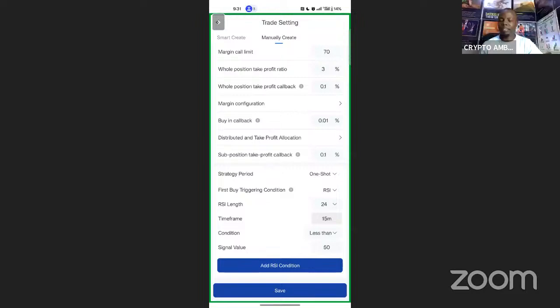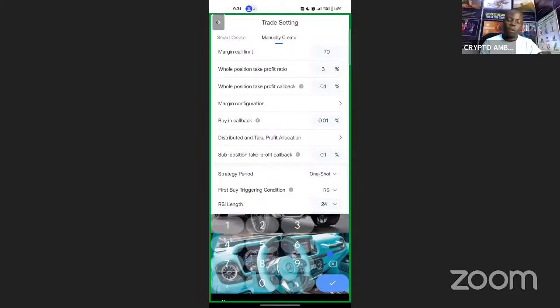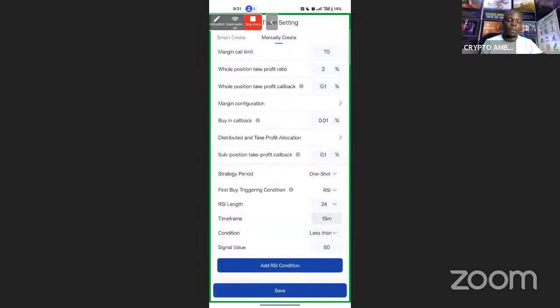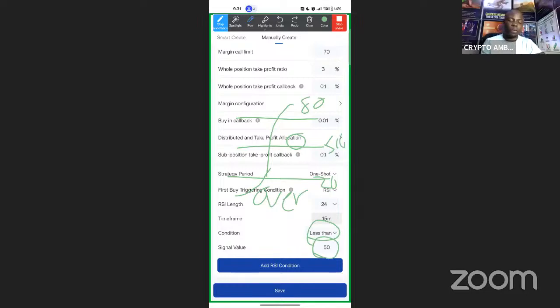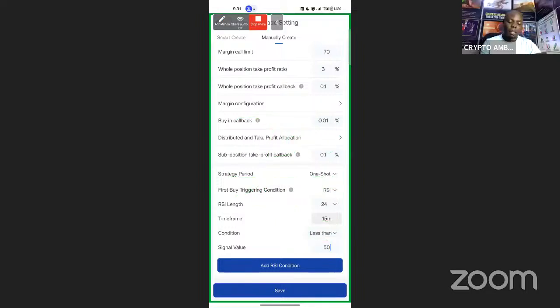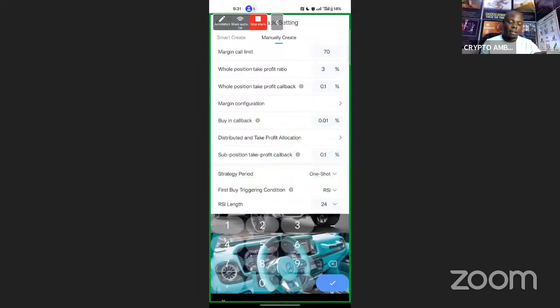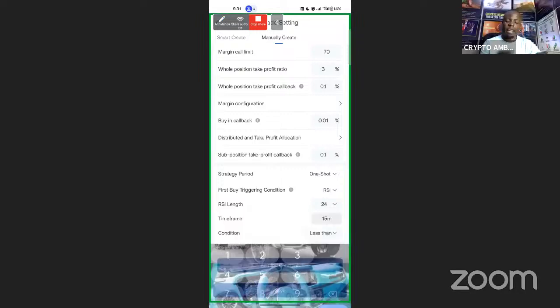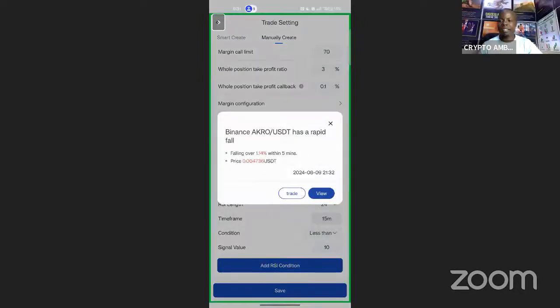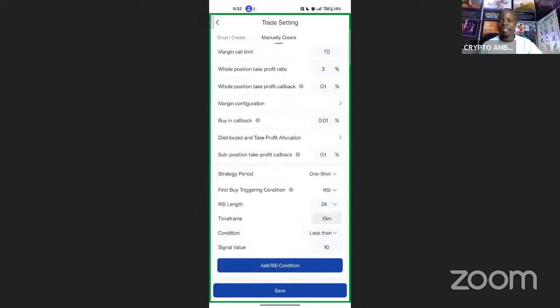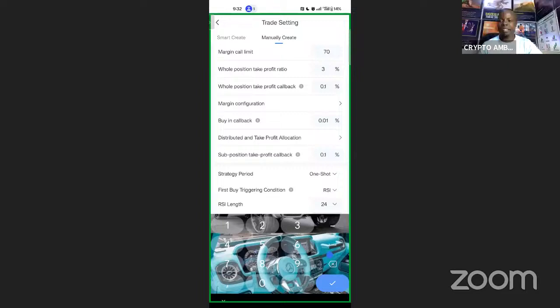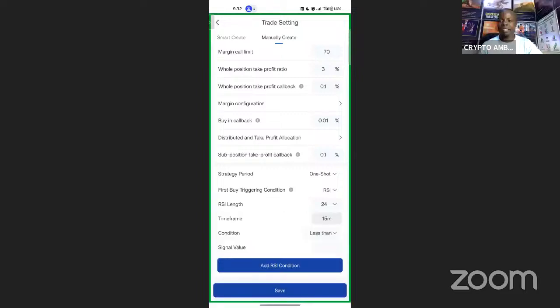So I can decide to say I want less than. Less than 50 means that, yes, 50 is here, but before the RSI reaches 50, it will buy. I can even say less than 10. It means that when the coin drops, the RSI will drop into the oversold area, less than 10. Then I say buy when it's less than 60.